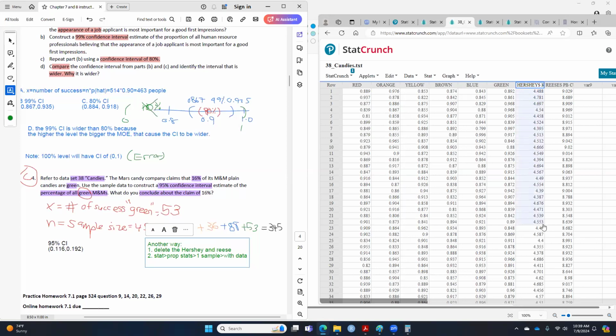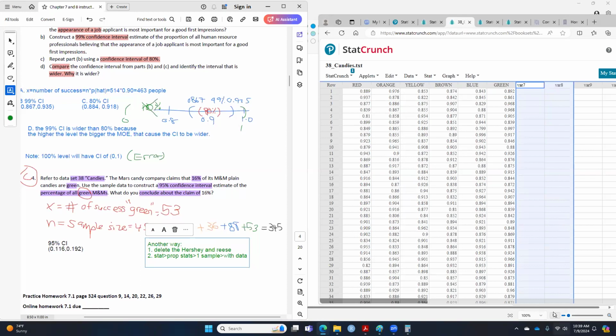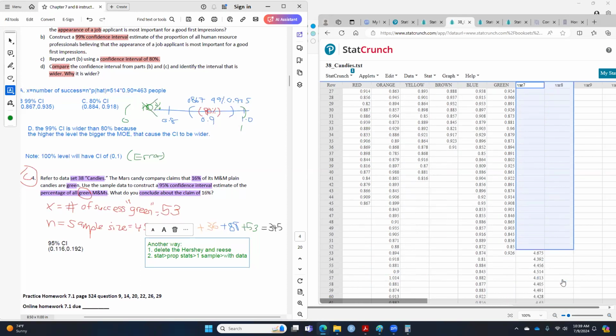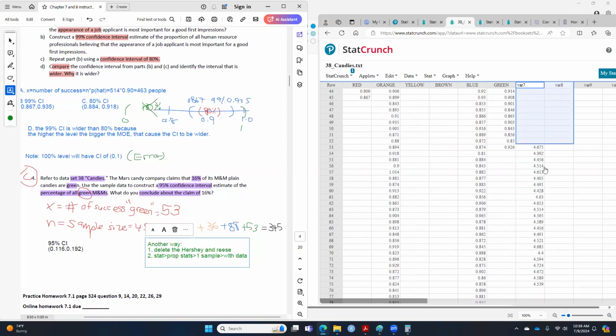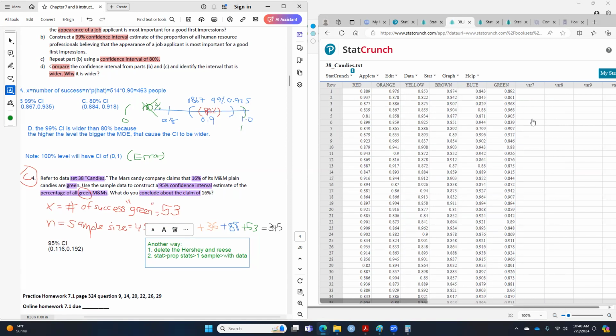I think I can delete the whole thing here. Yep, gone. Let me delete some more. Sorry. So you just highlight this and we're going to delete the whole thing. Okay, so make sure that you only have the colors of M&Ms here, and the rest you do not want.